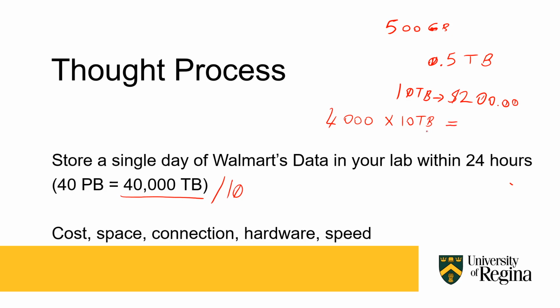If you look at the cost of that, let's just start with the cost. That's going to cost us how much? 4,000 times 200, because each 10 terabyte drive is $200.